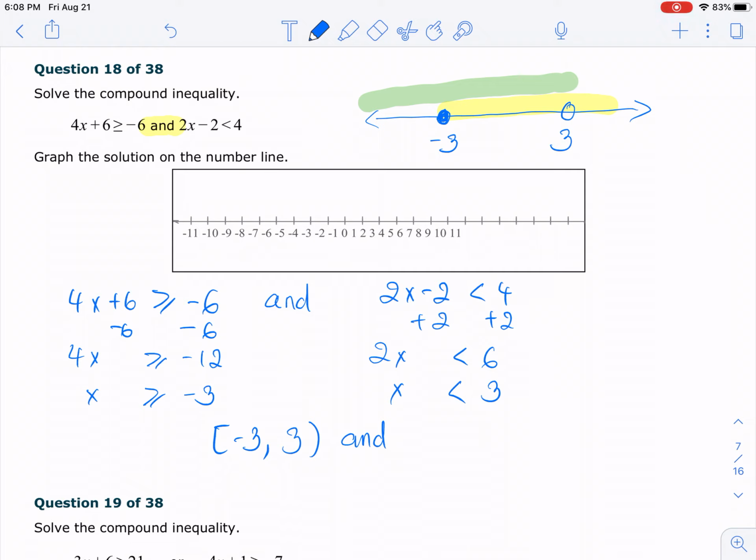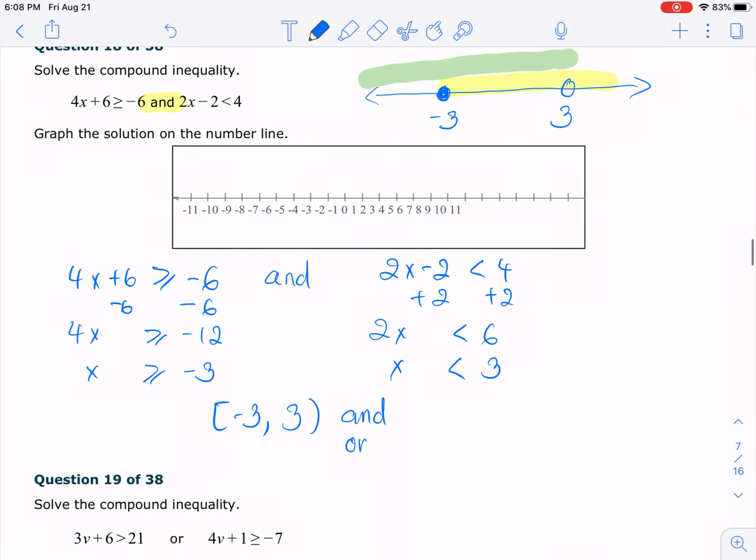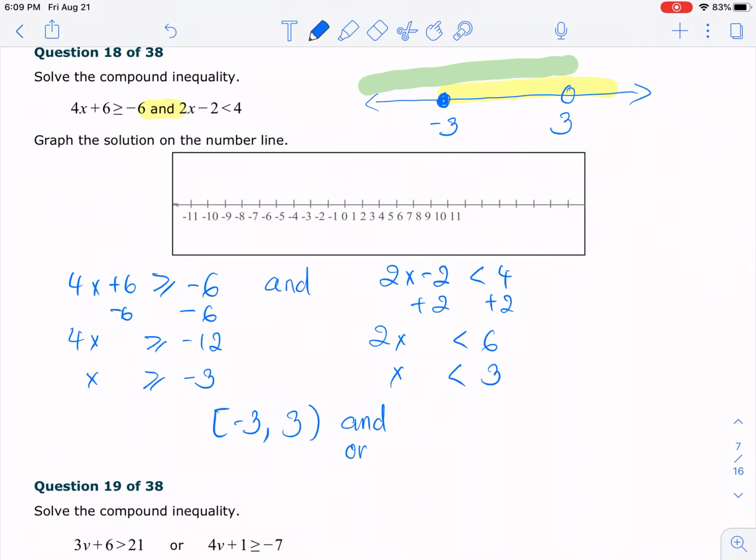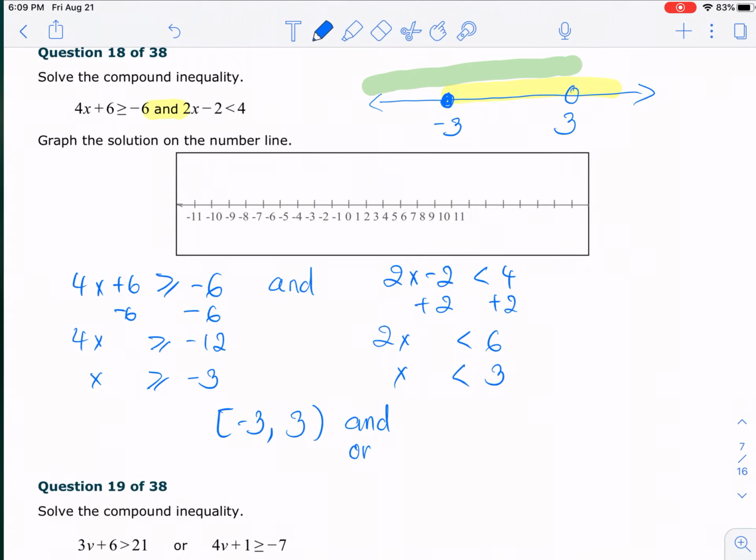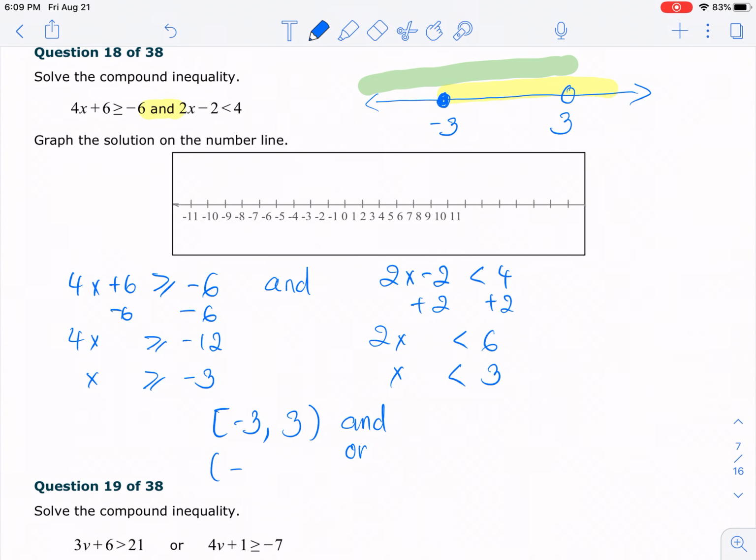Now, if I use the same inequality, and I change it a little bit, instead of asking for n, I'm going to ask for or. That's going to be completely different. Now, where you see colors, that's going to be your solution set. So I see colors starting from negative infinity all the way to positive infinity. This is for OR. And negative 3 and 3, that's for N.